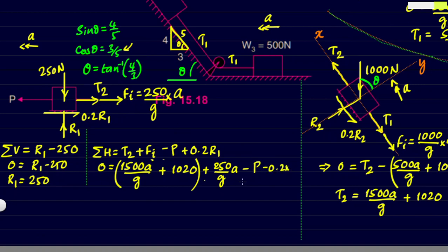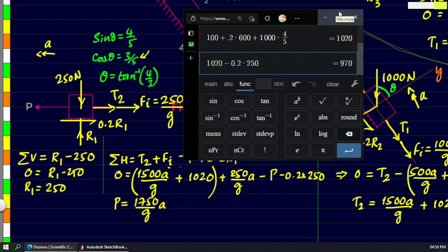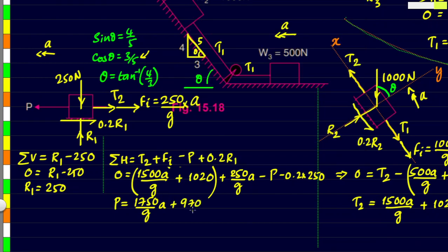R1 value we have found here itself, that's equal to 250. Let us send P to the other side to get the relation. And here we get the A terms. When we add up, we get 1750 by G times A, and adding all the remaining constants, we will get that as 970. So this is our equation number 3.